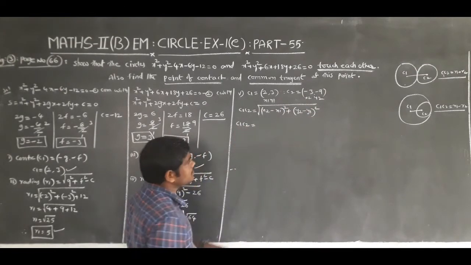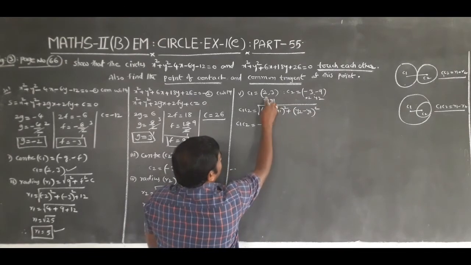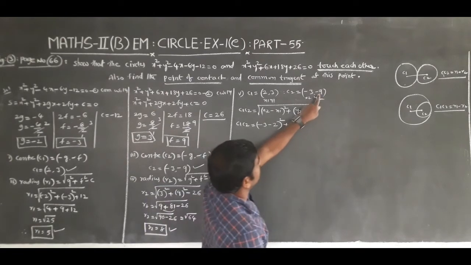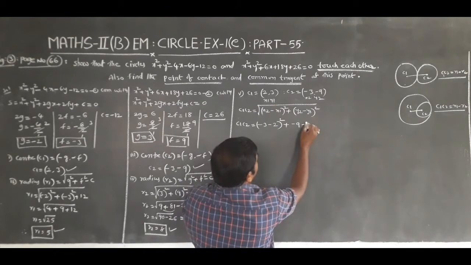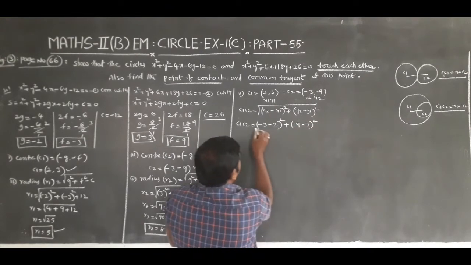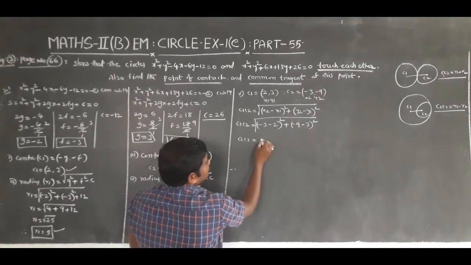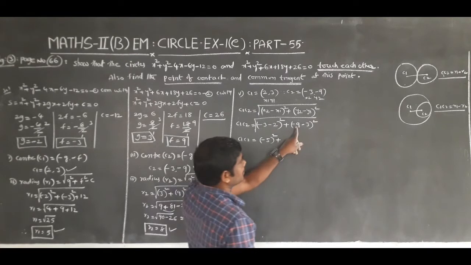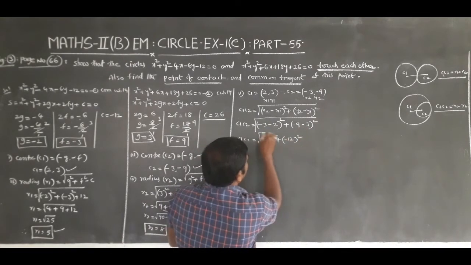C1C2 is equal to the square root of (-3 minus 2) whole square plus (-9 minus 3) whole square, which is (-5) whole square plus (-12) whole square.